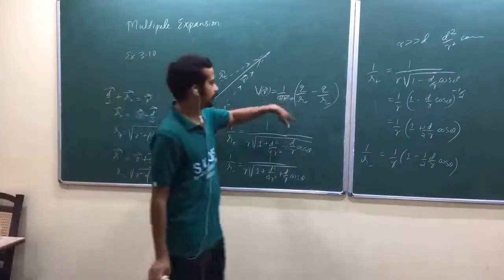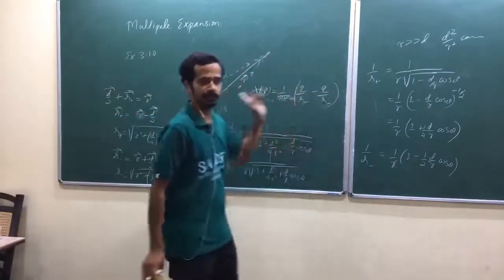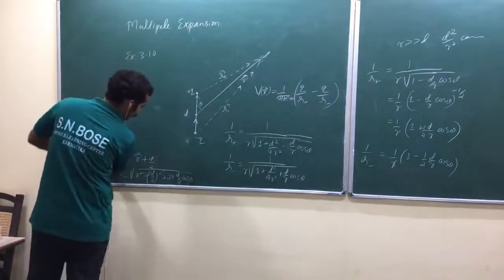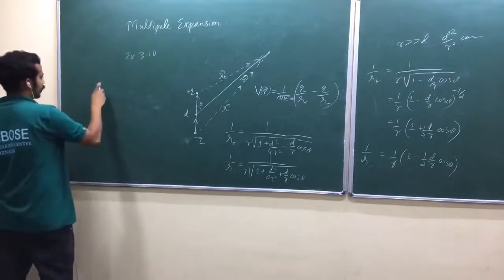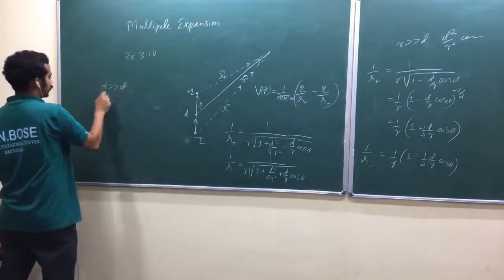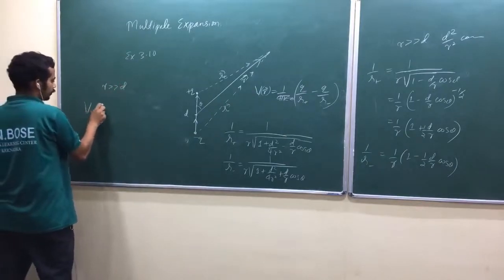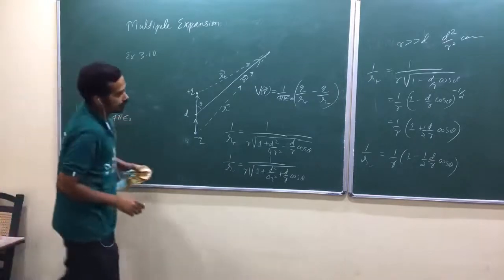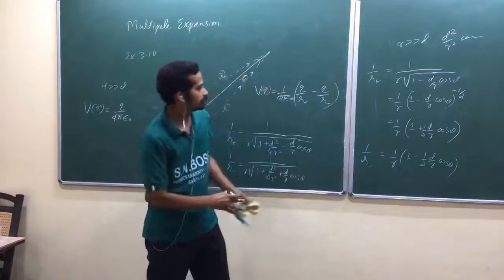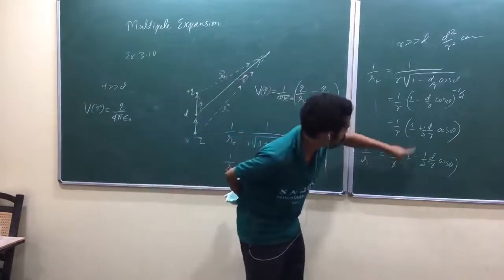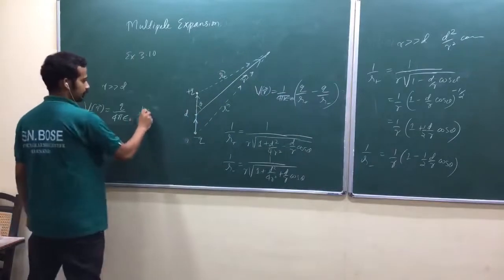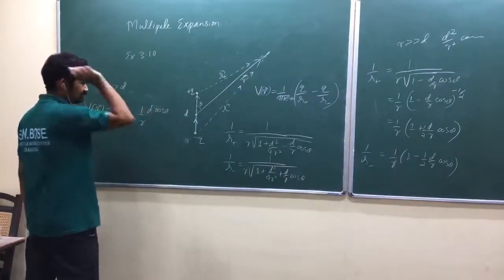1 by italic r plus minus 1 by italic r minus, that's in the potential. Let's see the potential. Substitute and subtract them. Find the approximate potential for r very much greater than d. So V of r is equal to q by 4 pi epsilon naught. So this one minus this one got cancelled, and that got added, 1 by r d cos theta.